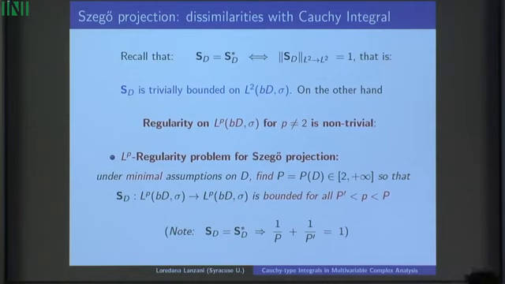In fact, there is a problem that Eli and I have been working on for the past 20 years, which is to study the maximal p range about p naught equal to 2 for which the Szegő projection is bounded in L^p. Now, the fact that the operator is self-adjoint tells you a little bit about the shape of the range: it has to have a certain symmetry. The two endpoints have to be Hölder conjugates. But what is the largest p about 2 for which L^p regularity of the Szegő projection holds?